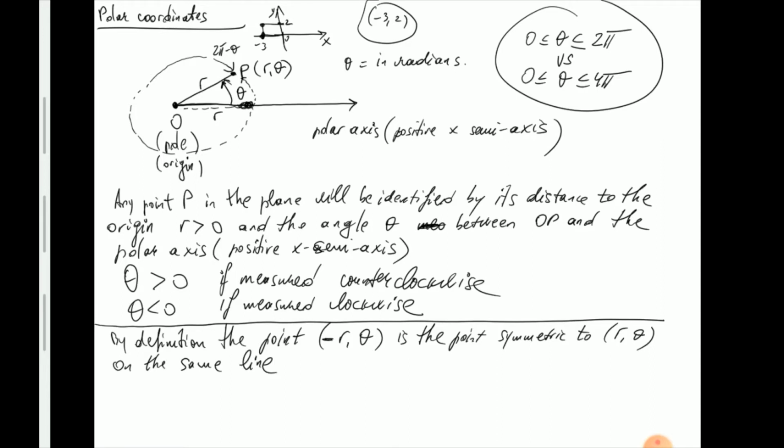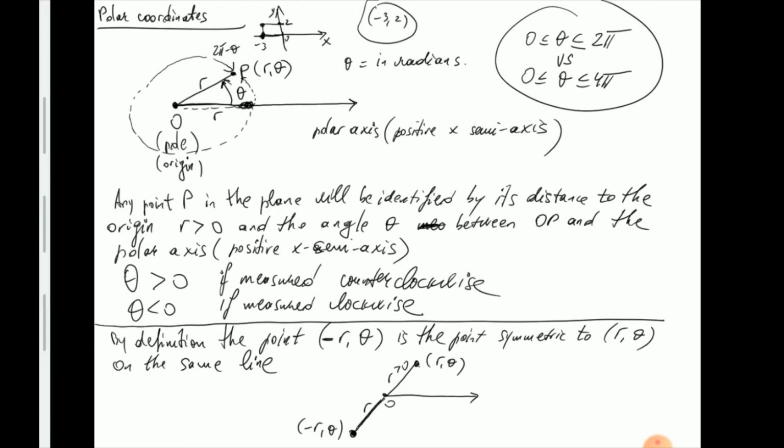So for example, if I have here the polar axis, and then let's say this is the point of coordinates (r, theta), by convention the point symmetric to it, so the distance between, so this is r greater than 0, this is the same distance, r. By convention, this point symmetric to (r, theta) is of coordinates (minus r, theta).